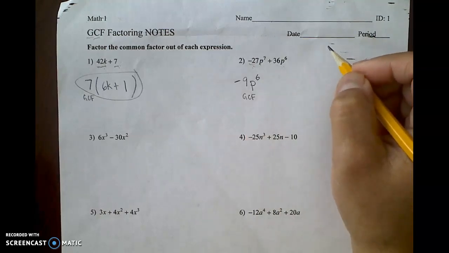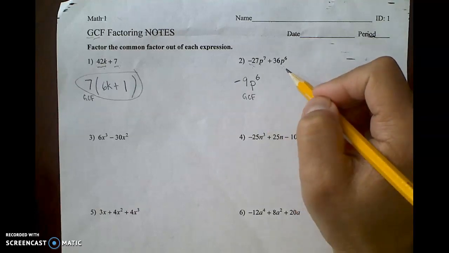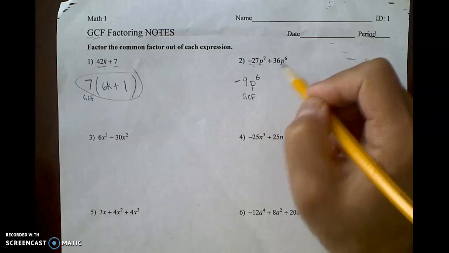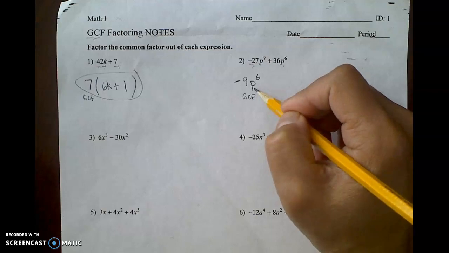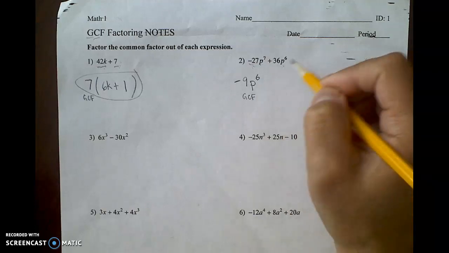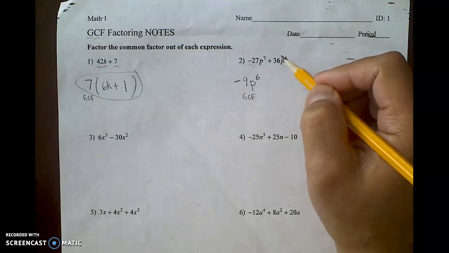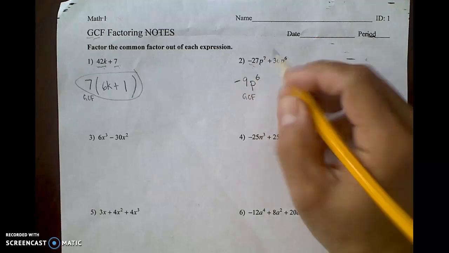So if you have more than one term with a variable and an exponent, you bring that exponent into your GCF, and it's going to be the smallest exponent that you have. Okay, so here's our GCF for these two terms.